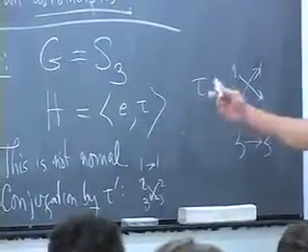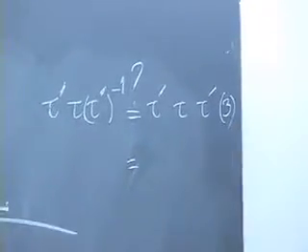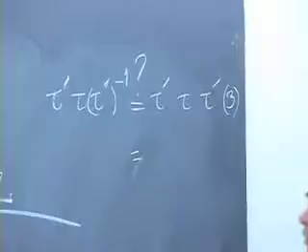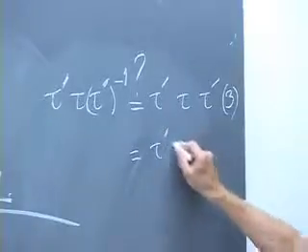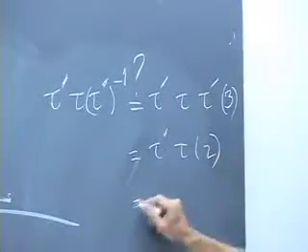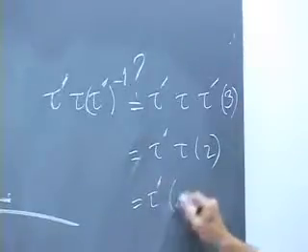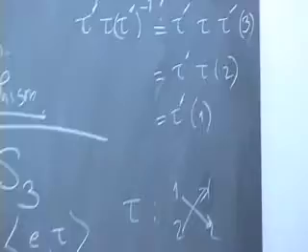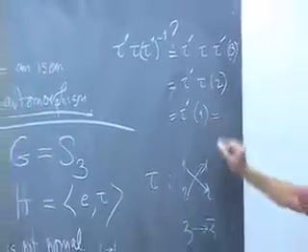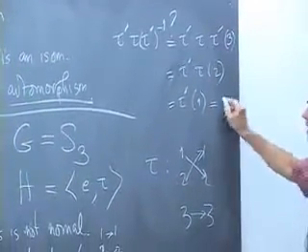So let's see if it's tau or not. We apply it to the element 3. Tau prime of 3 is 2. So this is tau prime of tau of 2. Tau of 2 is 1. So this is tau prime of 1, and tau prime of 1 is equal to 1.